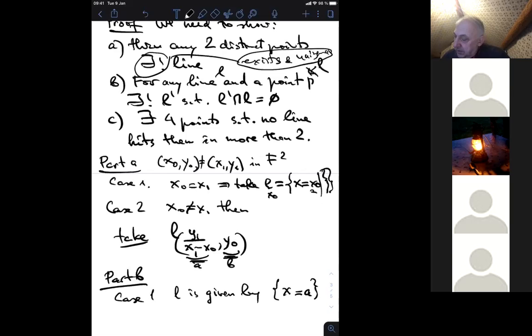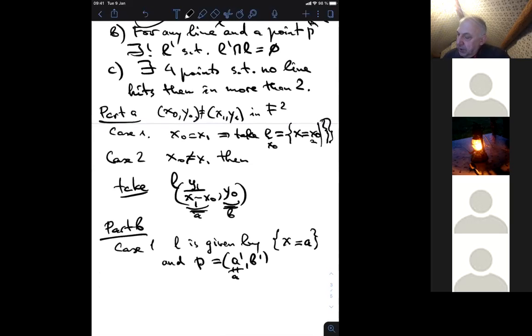And P is of the form (A prime, B prime), where A prime is not A. Then the line we are looking for would be L prime given by x equals A prime. So we take a vertical line which passes through our point P, and this is definitely parallel. It's not intersecting the first line L.